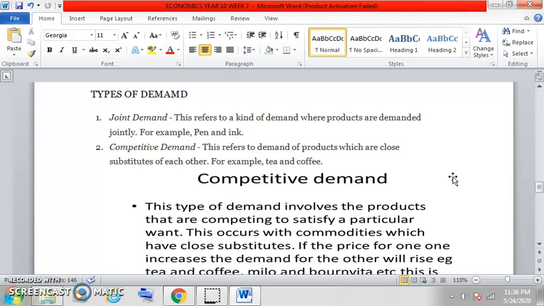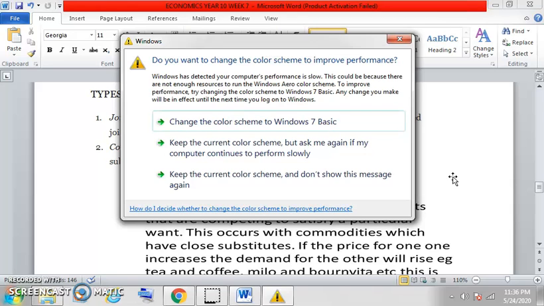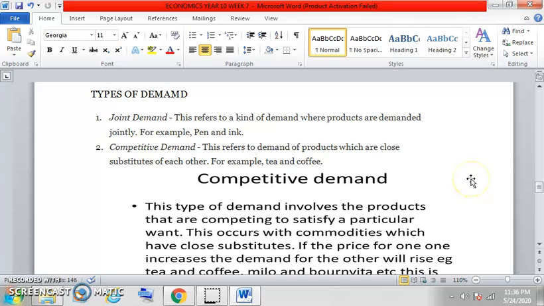And I said examples are cars and fuel. You will discover that when the demand for one goes up, the demand for the other product will also increase. When the demand for cars goes up, the demand for fuel will also increase.